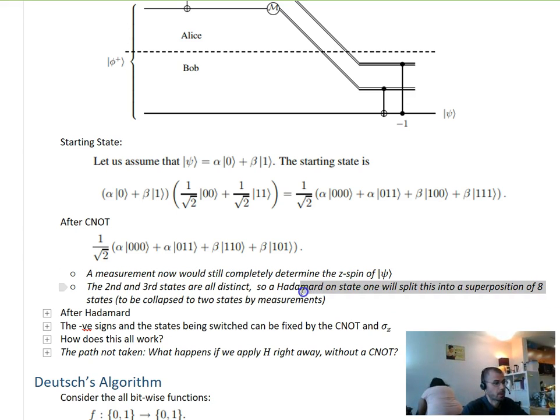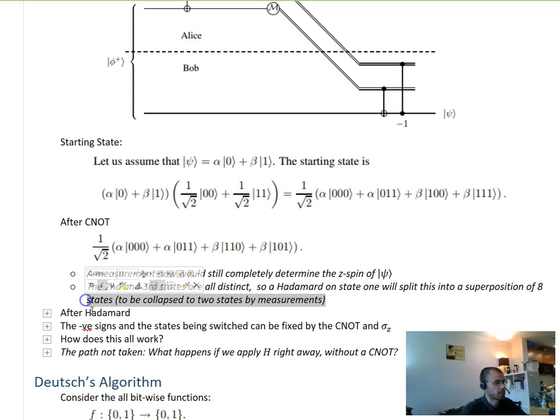So if we do a Hadamard, each of these states will split into 2 states and we'll end up with a superposition of 8 states. Then when we measure 2 qubits, that means 4 states collapse down to 1, but we're still left with 2 states, right? 2 out of the 8.